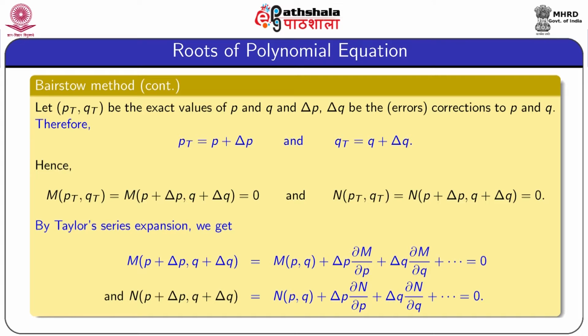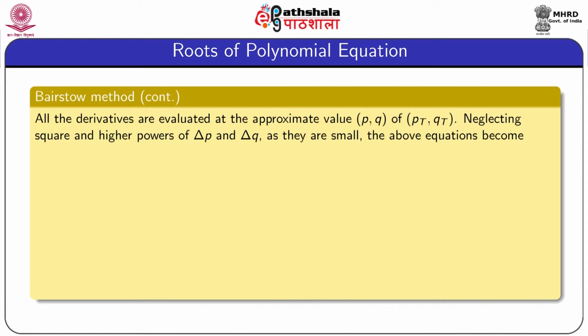It is assumed that the corrections delta p and delta q are small in general, therefore we can neglect the higher powers of delta p and delta q, that means the square and higher powers of delta p and delta q can be neglected from the equation.